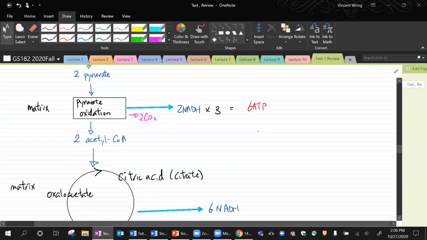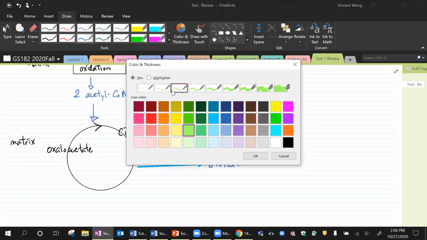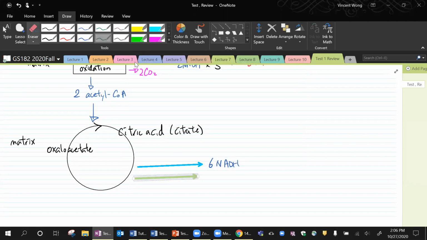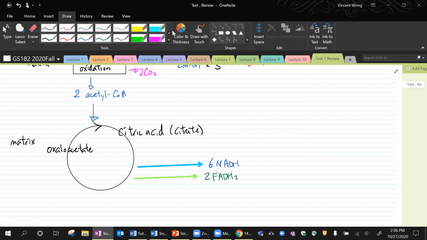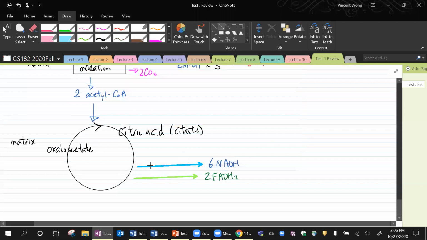You will get 2 FADH2, okay, and you will get 2 ATP. Okay, you'll get 2 ATP like this.